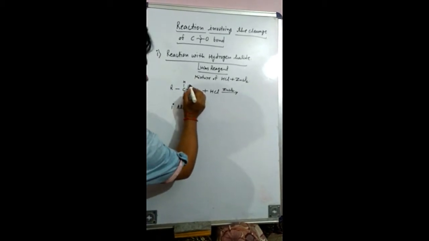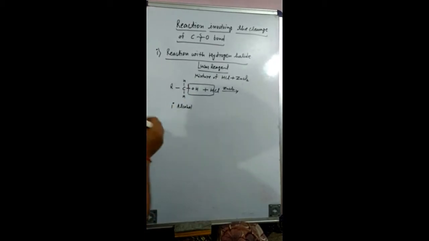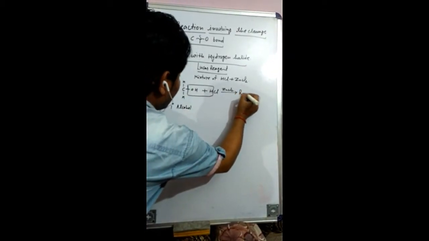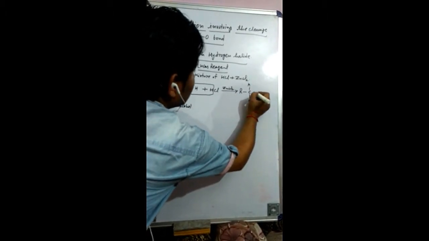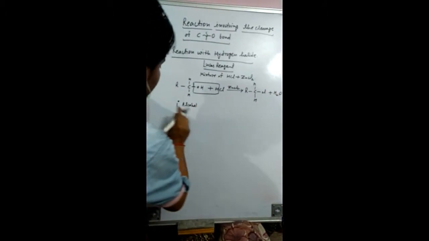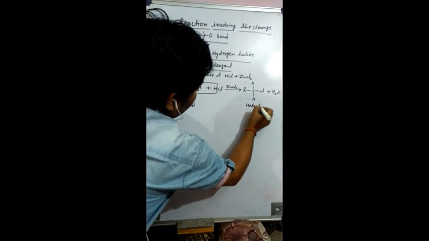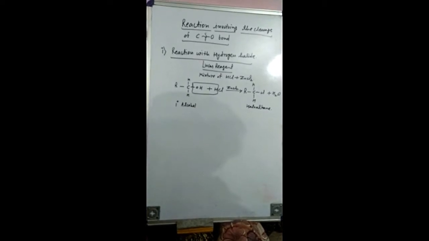From here OH and from here H will react and give us H2O, and the rest we are getting is R single bond CH2 single bond Cl plus H2O. That means the primary alcohol gives a haloalkane.